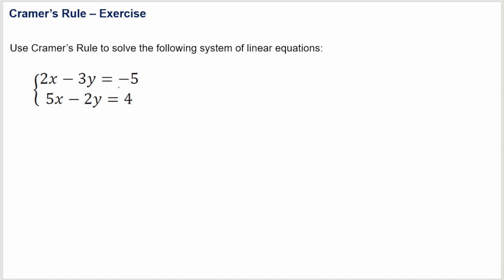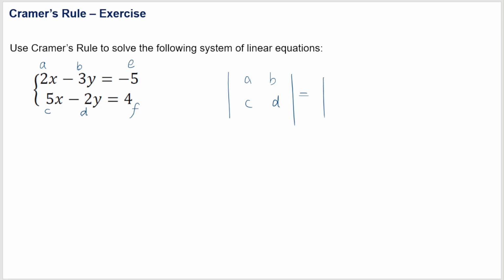All right, let's look at the solution together. So basically, this is our A, this is B, this is C, and this is D, and this is E, a constant number, and this is F, another constant number. Cramer's rule says that if the determinant of A, B, C, D is not 0, we can use it. Let's check.